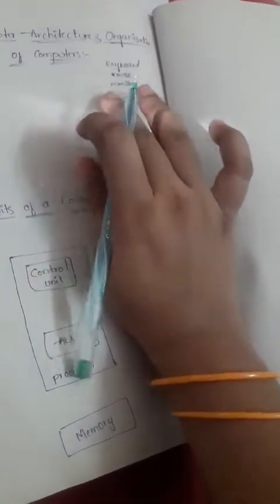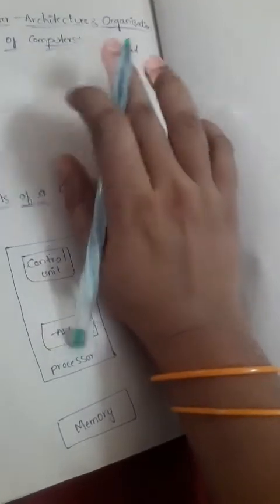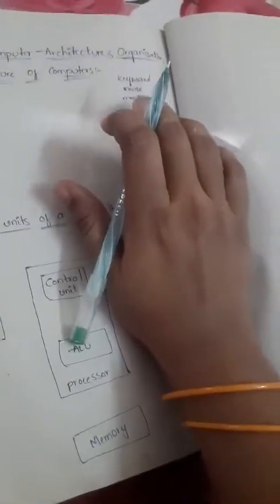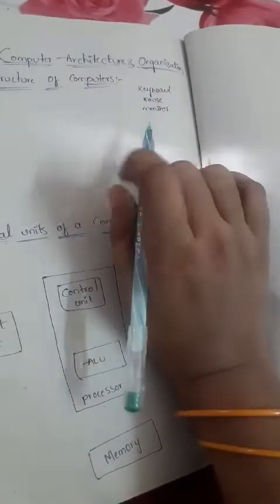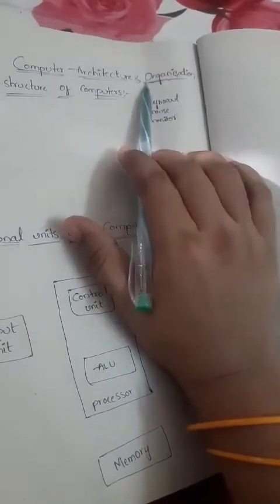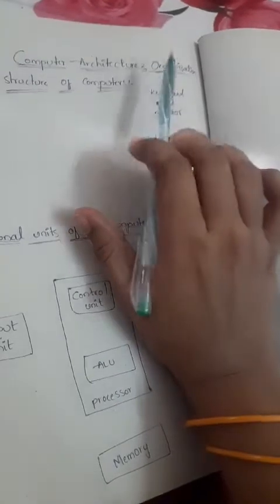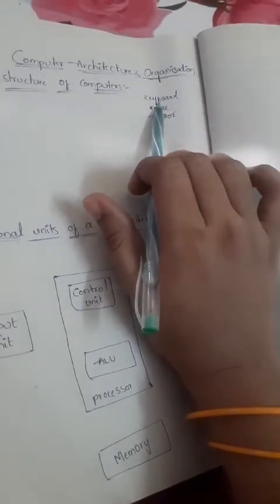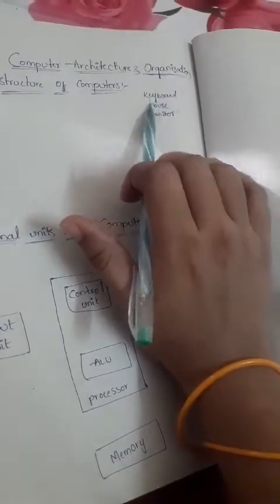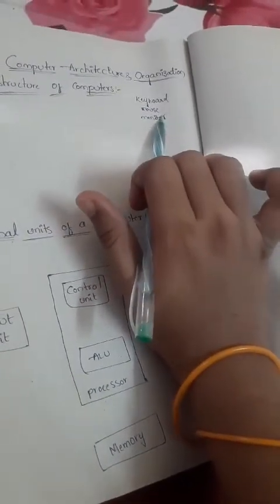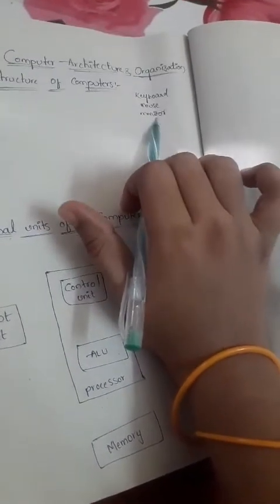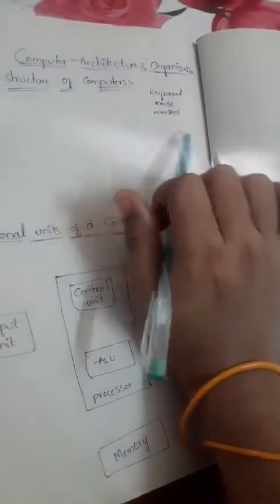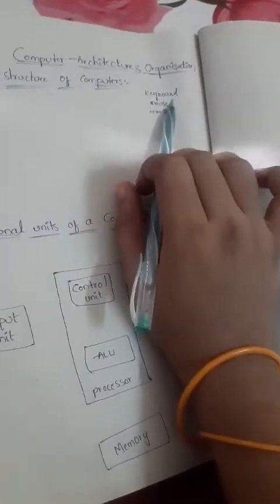But organization is how our computer is designed and how it will work. Here we are not going to see the physical parts. Here we are going to discuss the working of the internal parts of the computer.